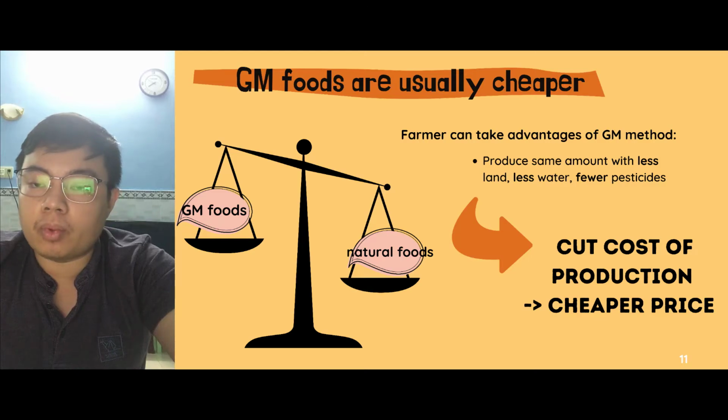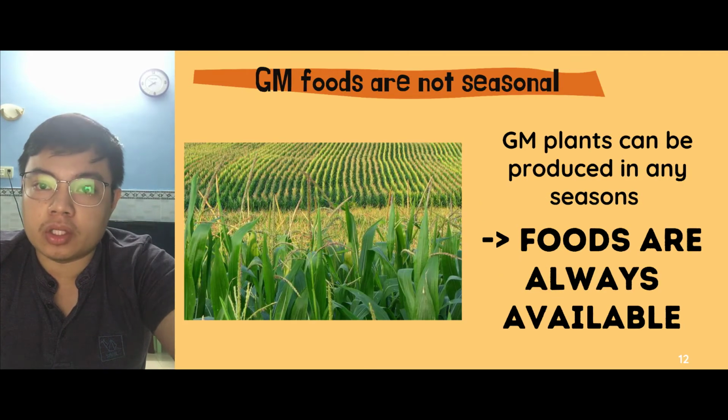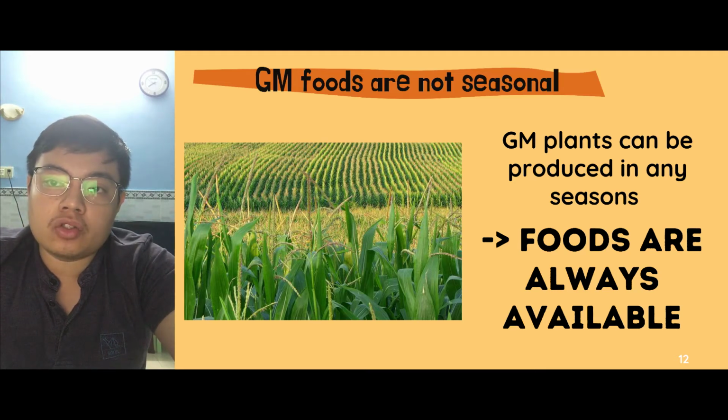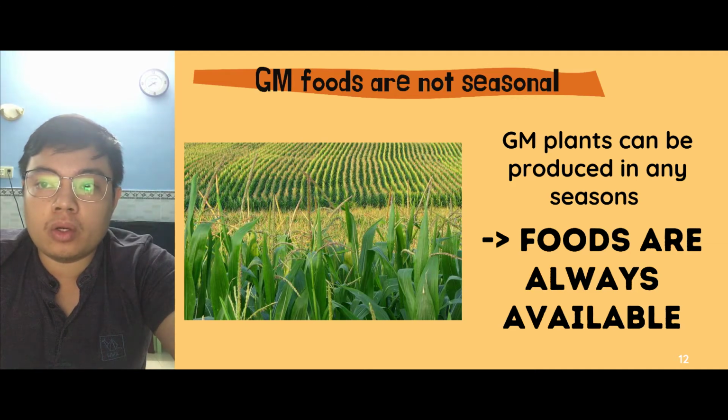To the third reason, GM foods are not seasonal, because plants that are genetically modified are able to survive well with a stable status in any period of time throughout the year.